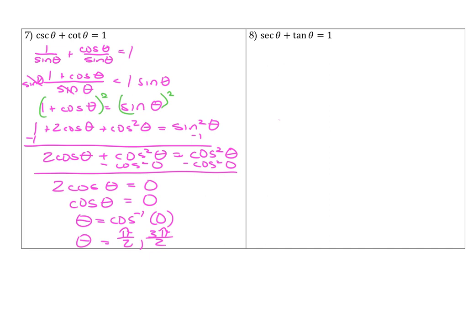Okay, this next one is almost identical. So secant is 1 over cosine theta. Tan is sine theta over cosine theta. Common denominators are present, so I can write it as 1 fraction. Multiply both sides by that denominator.